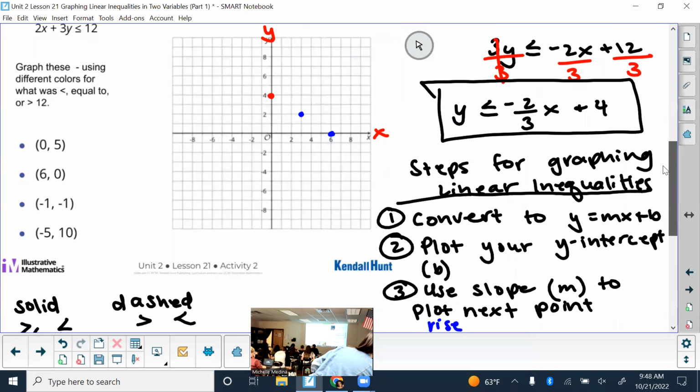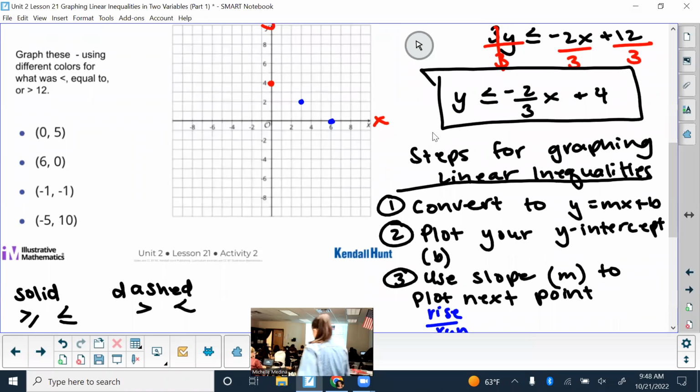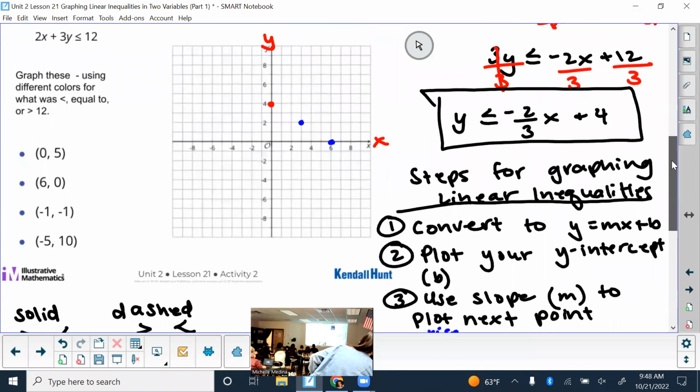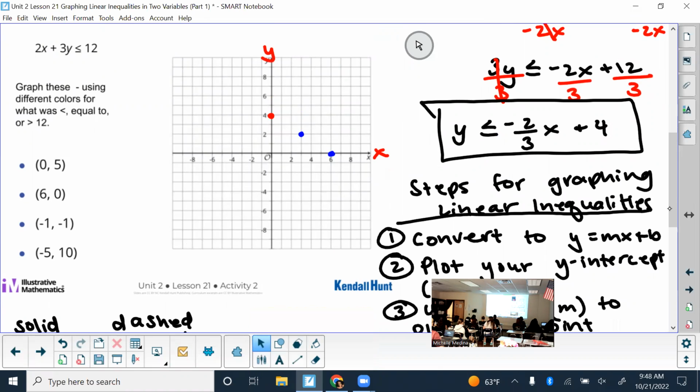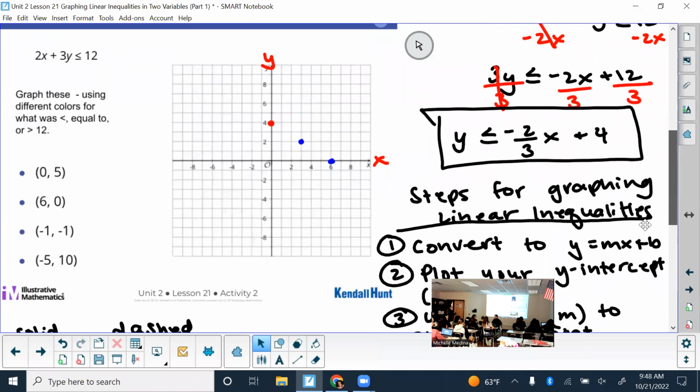Looking at our symbol, would this be a solid line or a dashed line? Raise your hand if you think solid. Raise your hand if you think dashed. All right, well, since there's that little line underneath, yeah, it is solid.